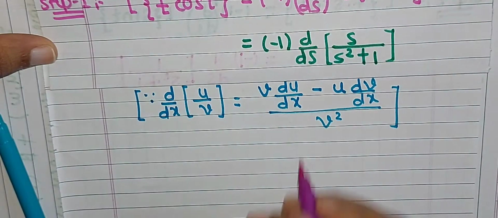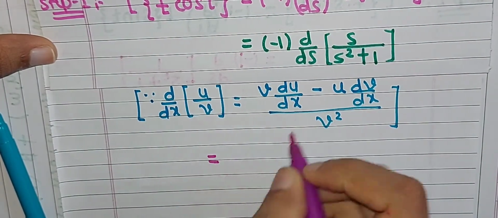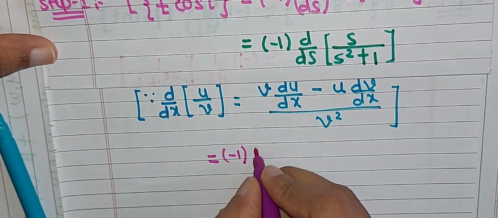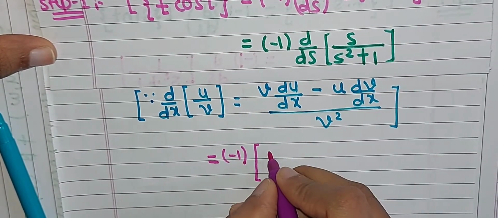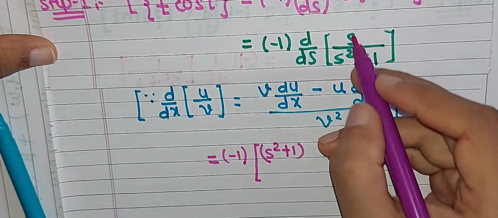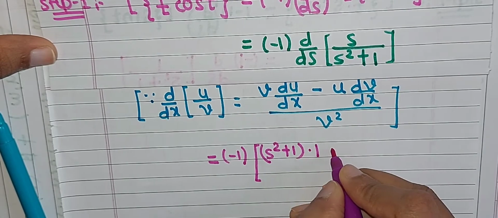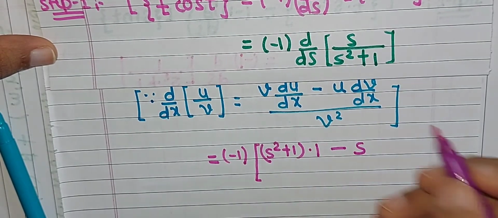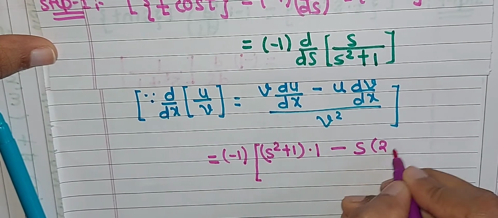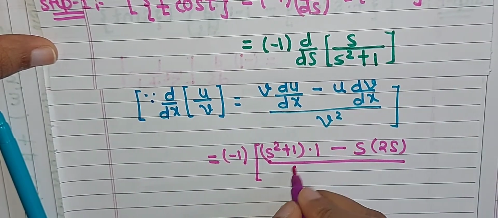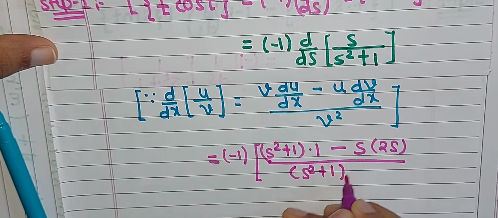Okay, so with the help of this formula, now take this minus sign as it is, that is minus 1, and its value will be: take denominator as it is, that is s square plus 1, into derivative of numerator, that is 1, okay, minus take numerator as it is, that is s, and derivative of denominator, that means how much? 2s, divided by this denominator's square, that is s square plus 1 whole square.